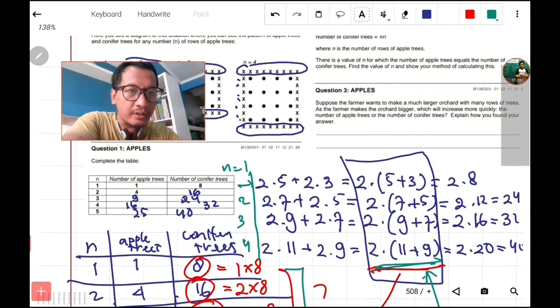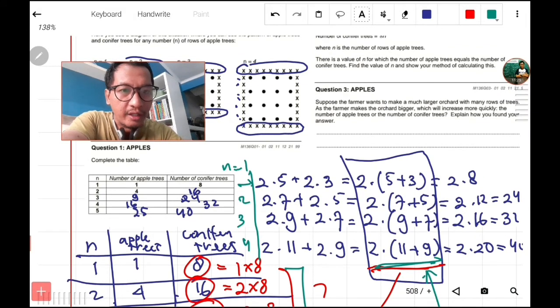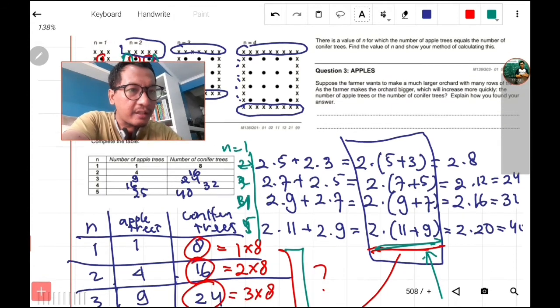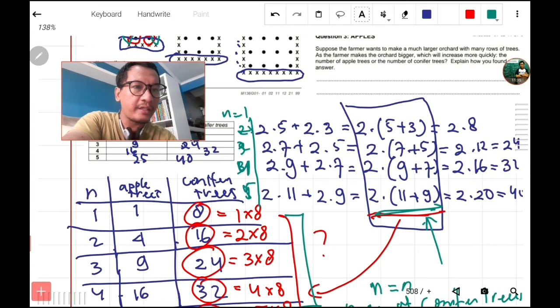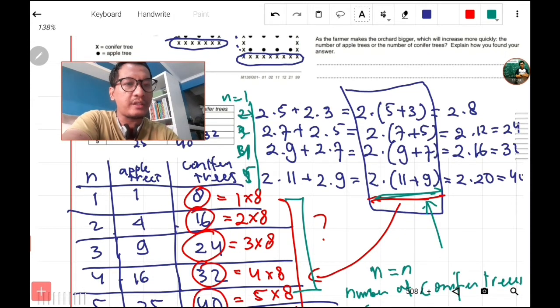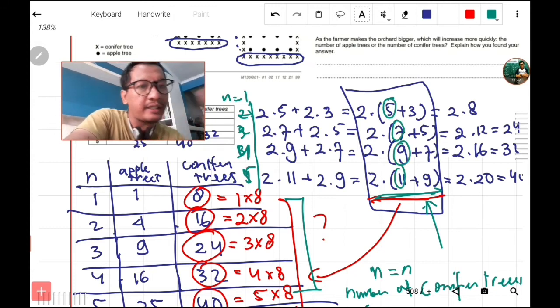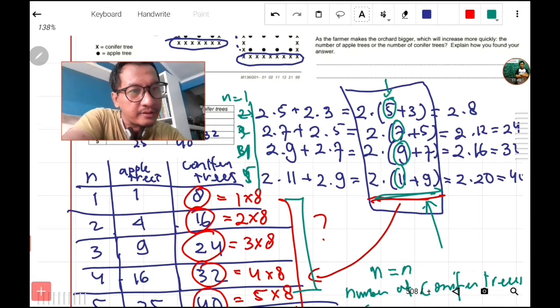This for n is 2, 3, 4, 5. We have to know the pattern of every first number in this form.